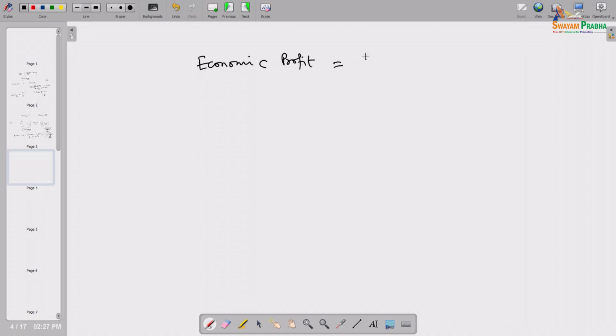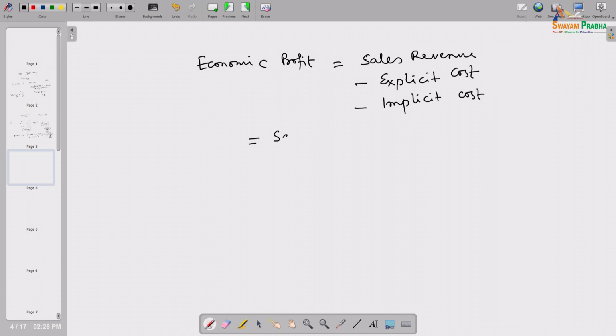Economic profit is basically sales revenue minus explicit cost, also minus implicit cost. So, we can say economic profit is sales revenue minus economic cost.